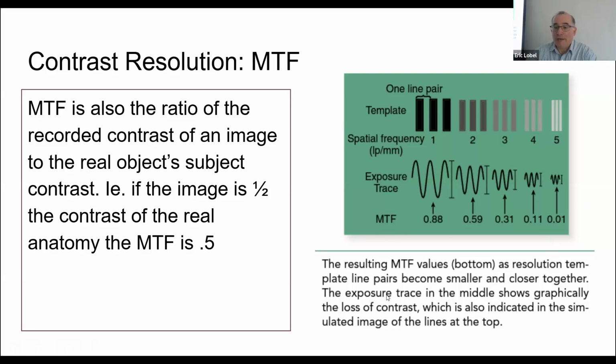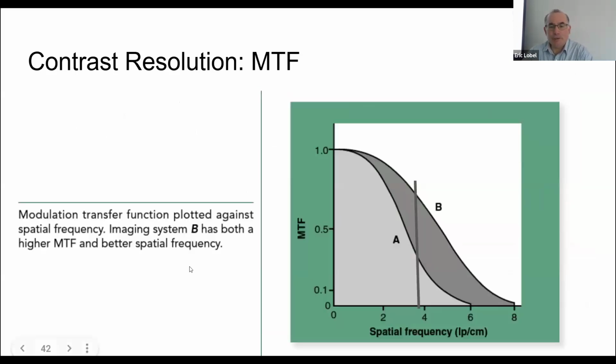The exposure trace diagram in the middle, that's this over here, shows graphically that you're losing contrast, which is also indicated on top here, where you start to lose contrast. You could look at it on this illustration as well. And all these are directly from your book.